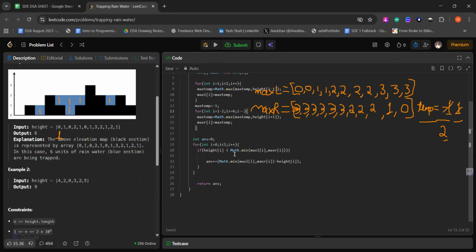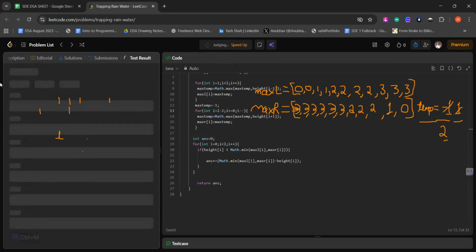If the height of I is less than minimum of max of left and max of right, I mean both of the arrays, then answer plus equals the minimum of both of them subtracted from the height of I, right? And then I returned the answer. Now let me show you by running it.